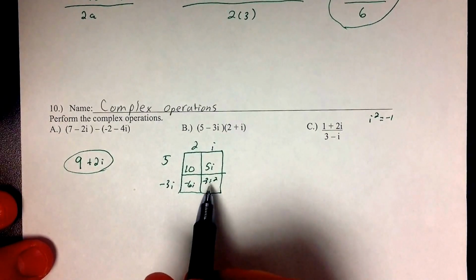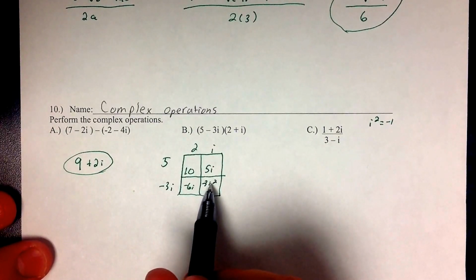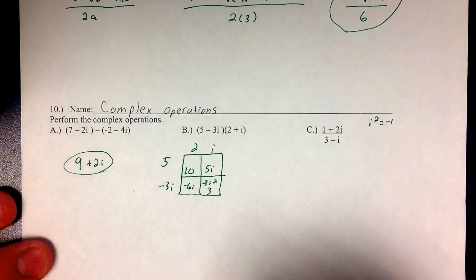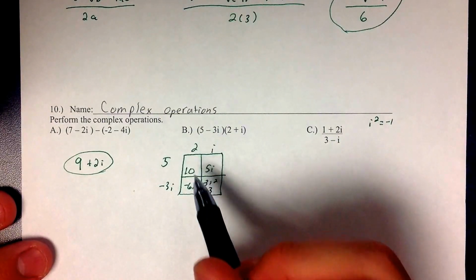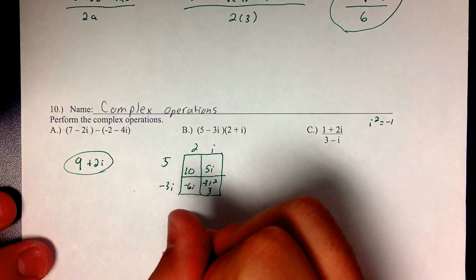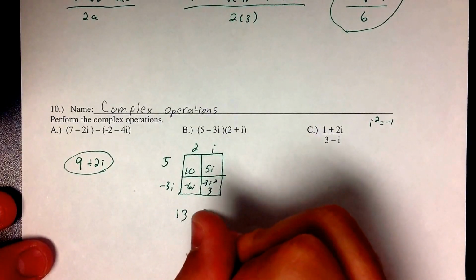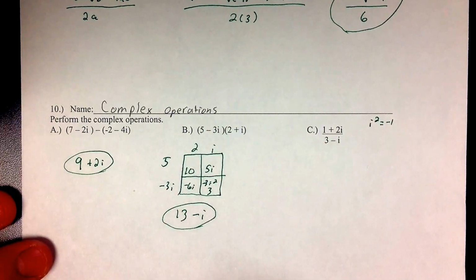Now, since i squared is negative 1, this means negative 1 times negative 3 is a positive 3. So when I combine my like terms, I can add 10 and 3 together to get 13. Negative 6i and 5i is just negative 1i. So 13 minus i.